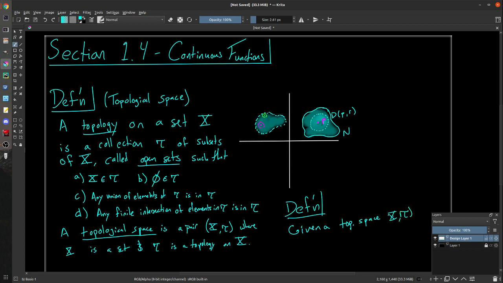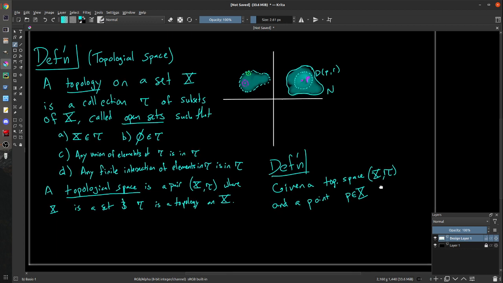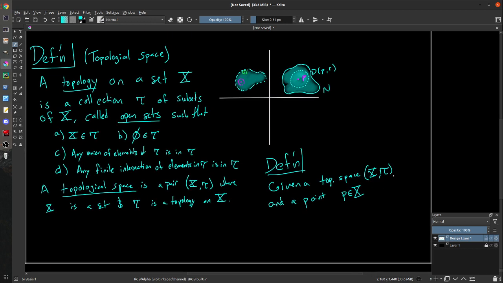Most of the time, people just take the topology implicitly.